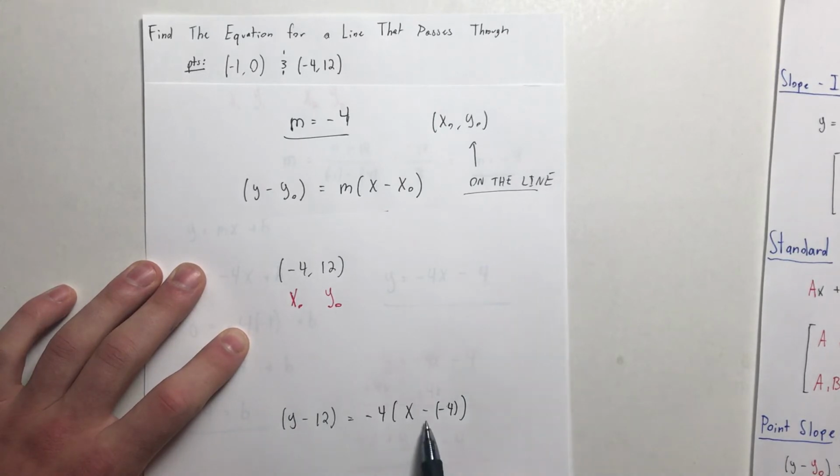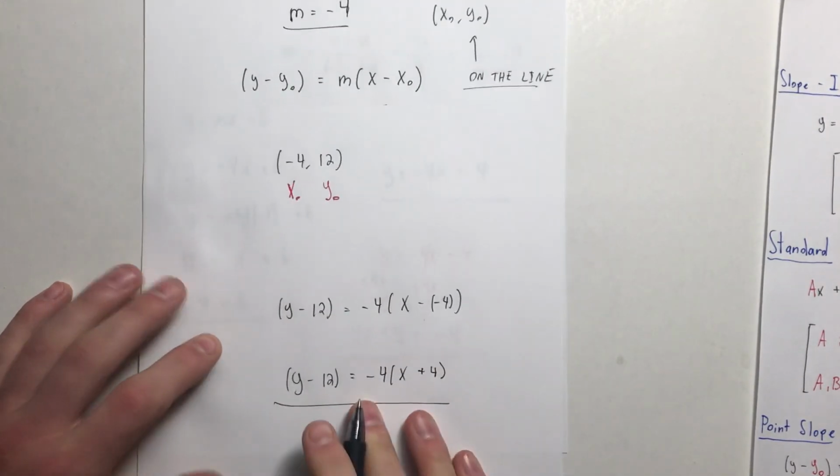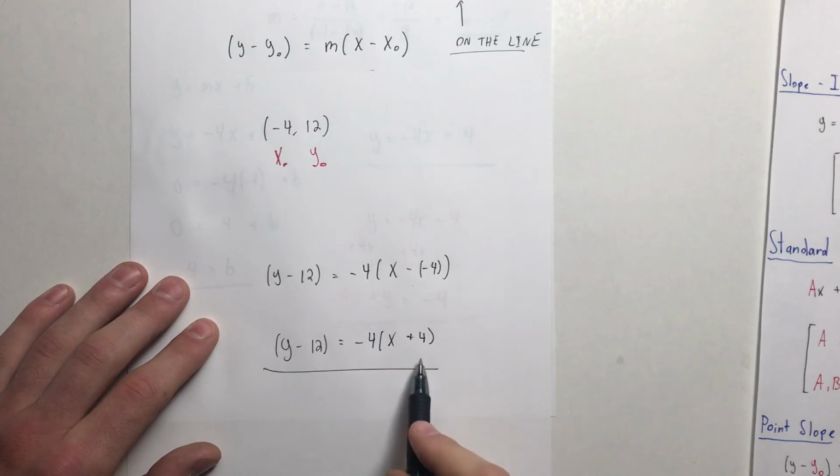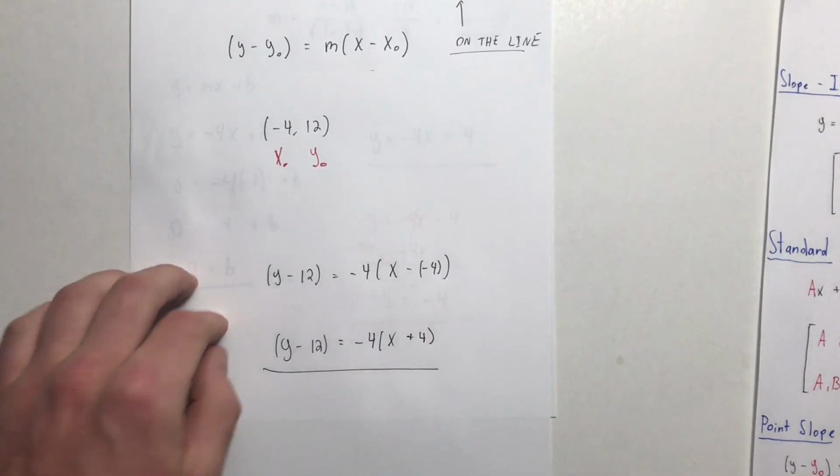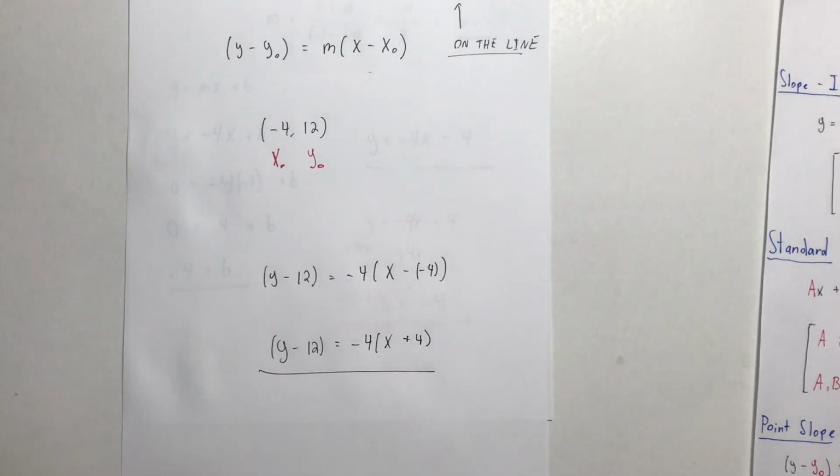So kind of the last little bit of simplification here is that this guy is going to become an addition sign. So we have y minus 12 equals -4 times x plus 4, and that right there is going to be our point slope form of the line.